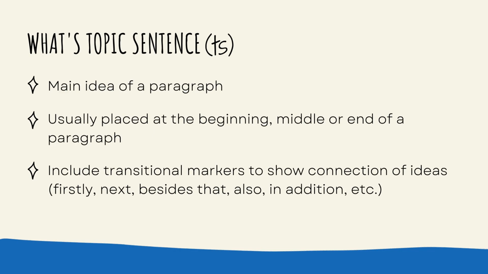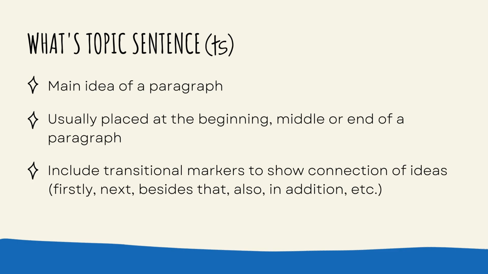Moving on to topic sentence. Now, what is topic sentence? Topic sentence is the main idea of a paragraph. Can you see the difference between thesis statement and topic sentence? Thesis statement is the main idea of the whole essay, but topic sentence is the main idea of a particular paragraph.